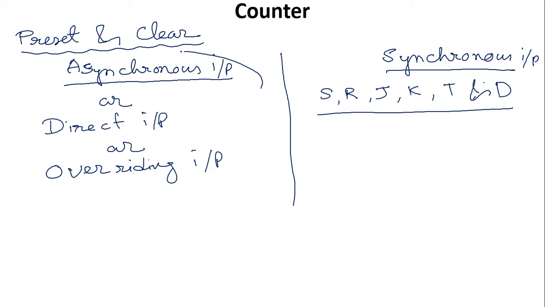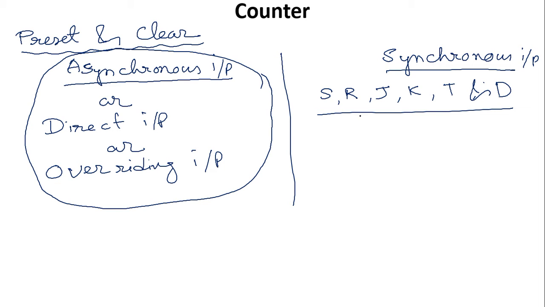I want to highlight this portion in this class. Till now I have given an idea about the S, R, J, K, T, D. But this asynchronous input or direct input, or overriding input, that is preset and clear, basically holds this property. So why is it necessary?